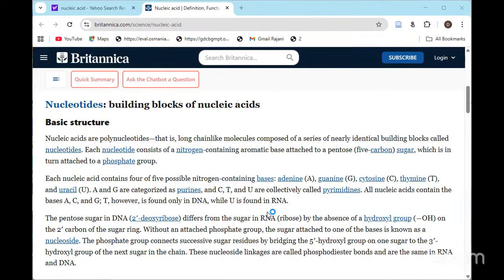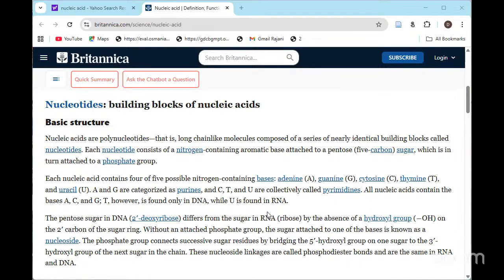The pentose sugar of DNA differs from the sugar in RNA by the absence of a hydroxyl group on the 2' carbon of the sugar ring.